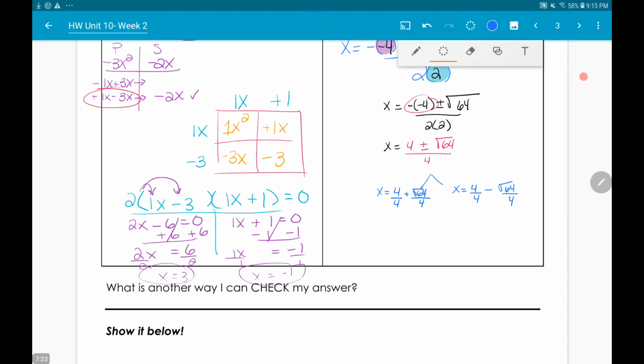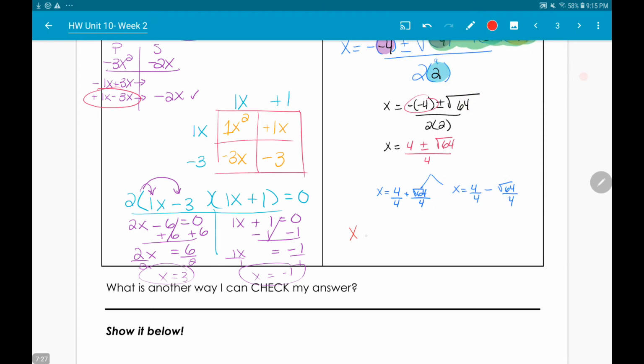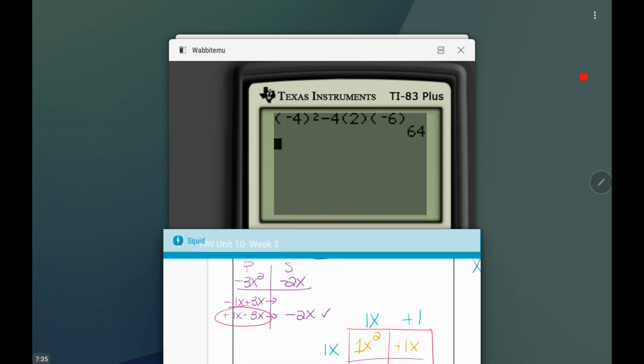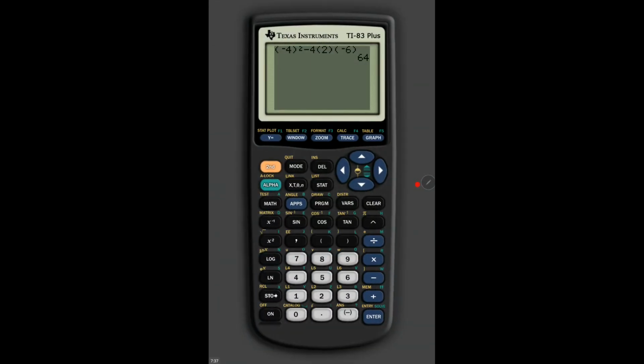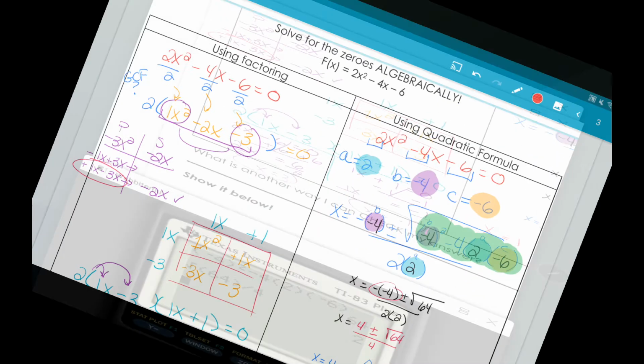All right, can we simplify? I see some numbers that I can. 4 divided by 4 is 1. And what is the square root of 64 divided by 4? That gets me a nice number of 2, so I'm going to use that.